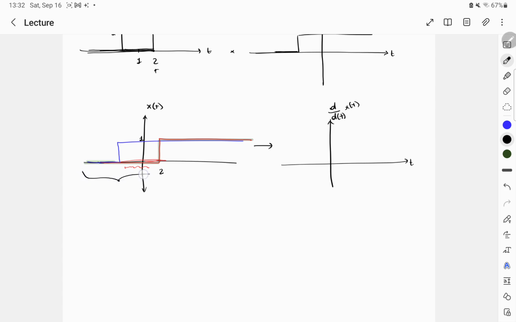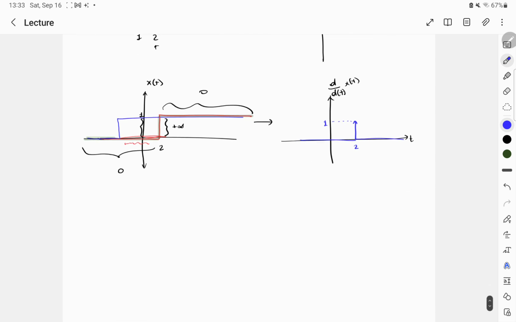This portion's slope is 0, this portion's slope is 0, this portion's slope is plus infinity. However, we need to show it with a delta function, whose amplitude is 1, as the amplitude here is 1. So let me just show it like this.